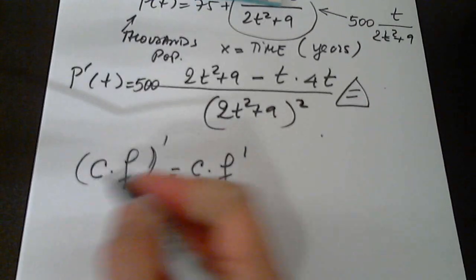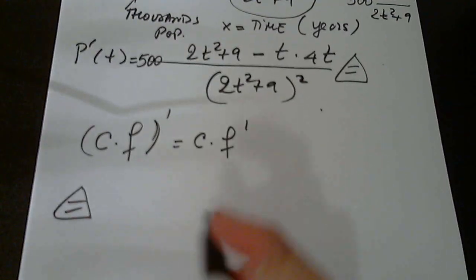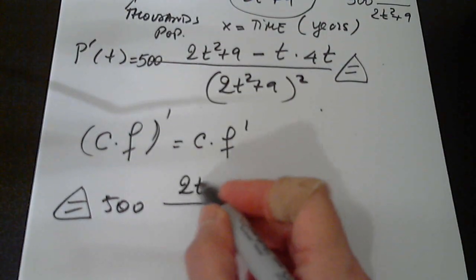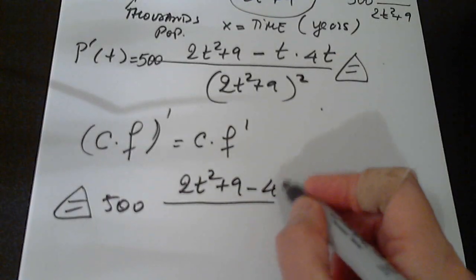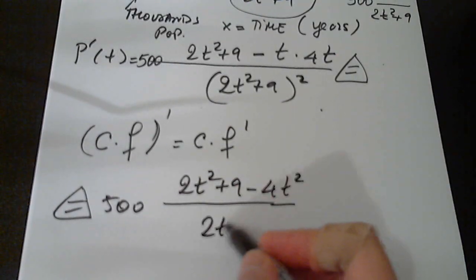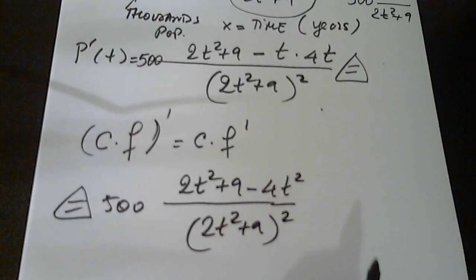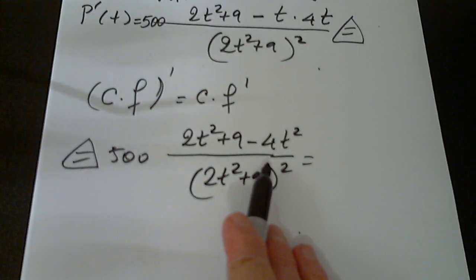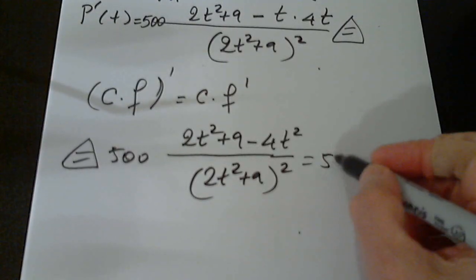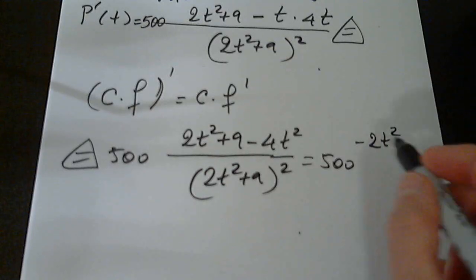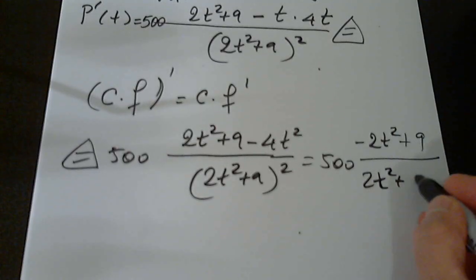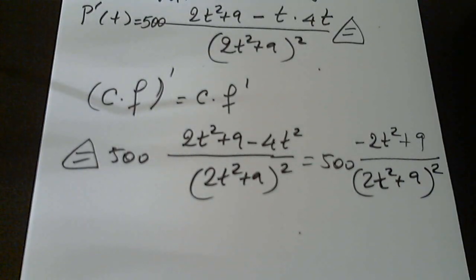Now I jump over this, follow the triangle, 500 in front, 2t squared plus 9 minus 4t squared divided by 2t squared plus 9, everything squared. The 2t squared minus 4t squared will be negative 2t squared, negative 2t squared plus 9 over this. Do not touch the denominator. It would be a terrible mistake to try anything. So this is part A.